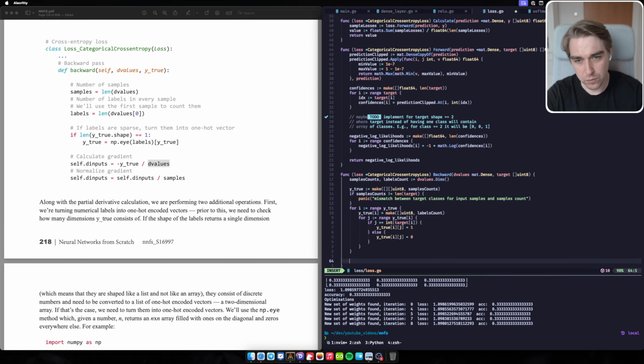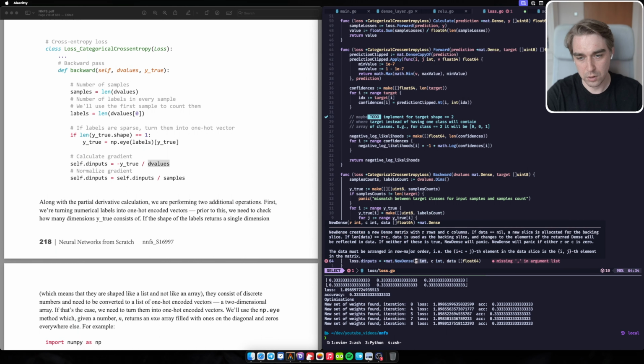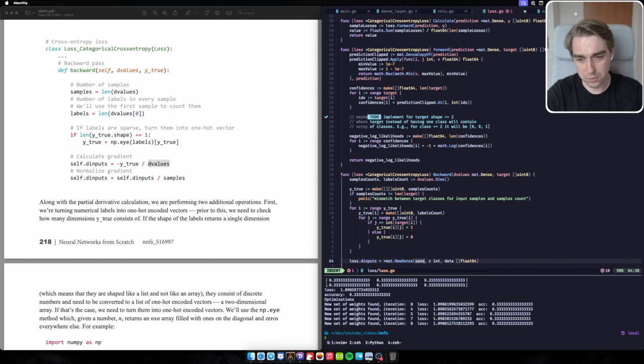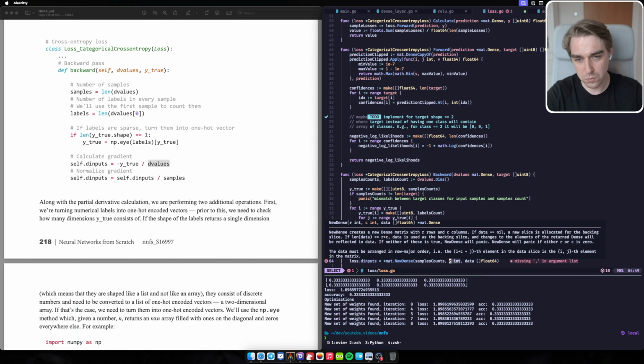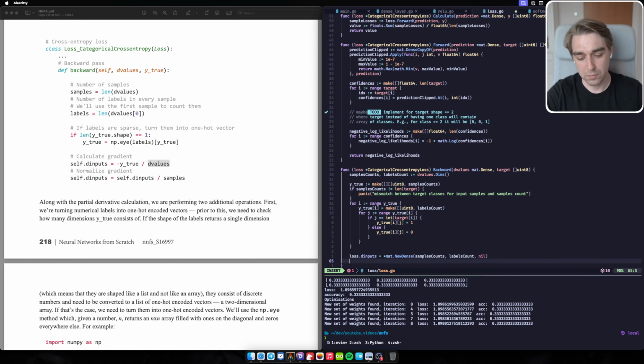What does it mean? First we need to allocate the inputs, and that will be new dense of samples count, labels count, and nil. Okay, then we go through all of the values.